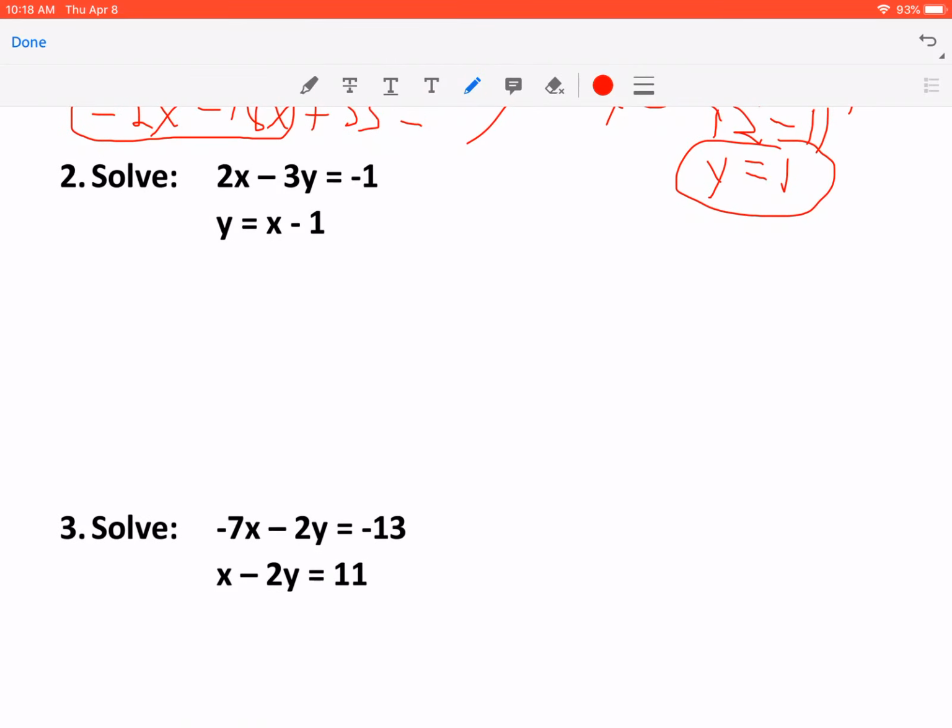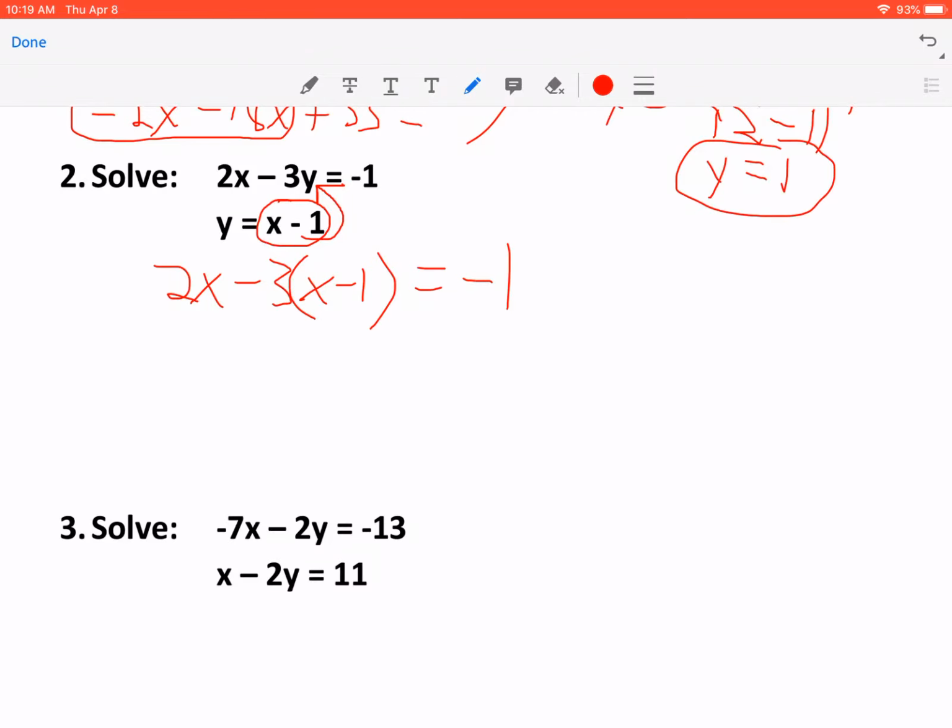Again, usually you use substitution when one of these is in standard form and another one has a letter all by itself. In this case, y equals x minus 1. So I'm going to put this x minus 1 right there. So I've got 2x minus 3y, but if y is equal to x minus 1, just replace it or substitute it.